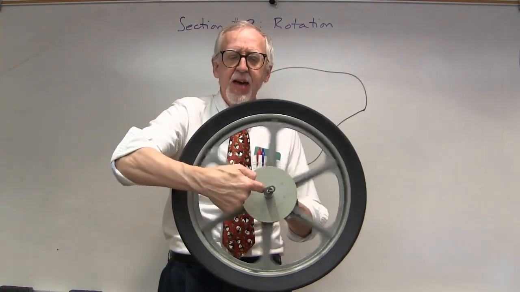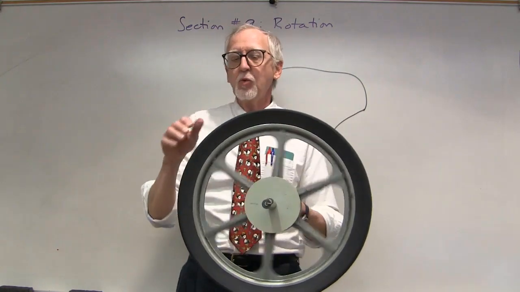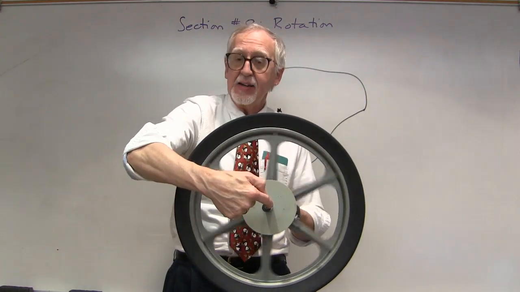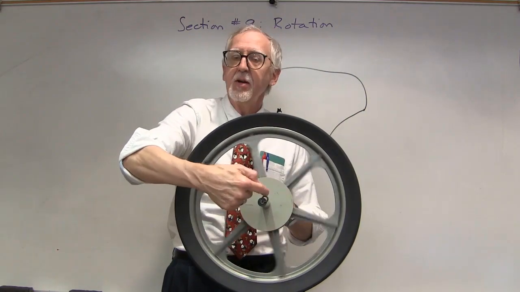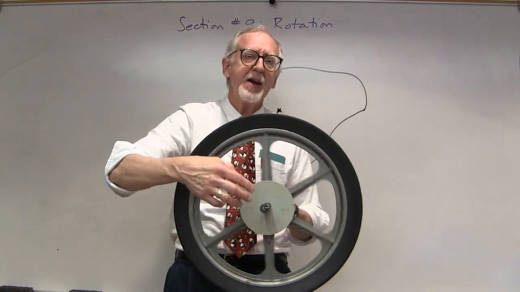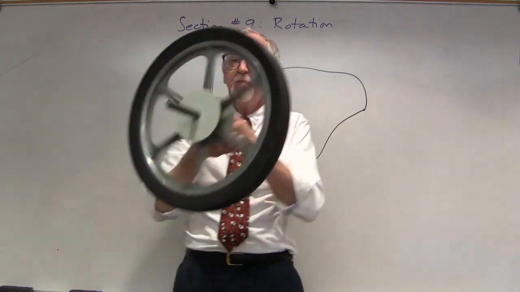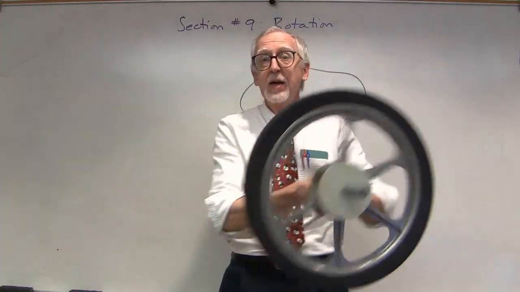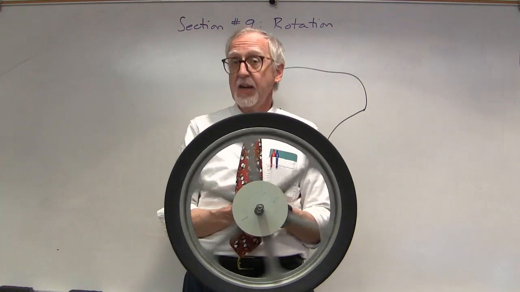Well, first, let's imagine that we can identify the axis of rotation. So this wheel, as it's rotating around, is rotating around this axis. Every point on the wheel is then going around in a circle around this axis here. So let's assume that our axis is stationary. It's held fixed. We certainly could have something more complicated where we have an object that's rotating and the axis is moving as well, but for the time being, let's assume that our axis is stationary.